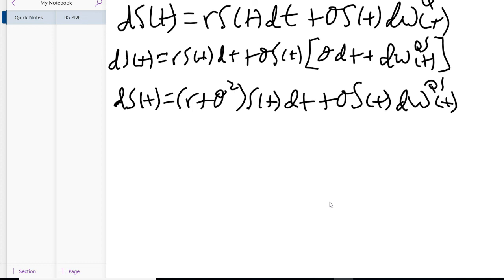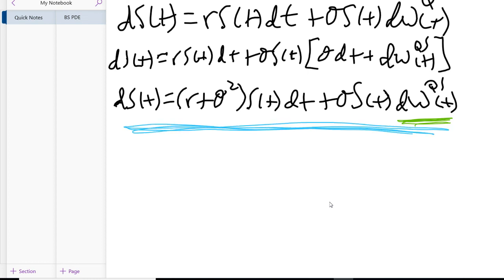When I have like dW under P, dW under Q, dWQ under QS, practically there's no difference. So these, or this, is the QS dynamics.